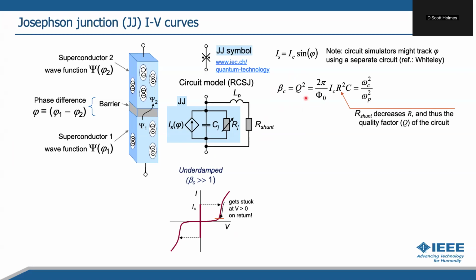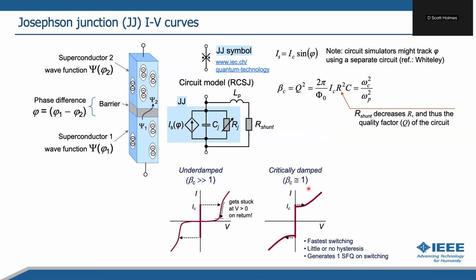You're decreasing the resistance in parallel with the device, the quality factor goes down, and you can actually provide a critical amount of damping. So what we want is this beta C value to be about 1, and we get critical damping, and this is what it looks like with beta C about 1.